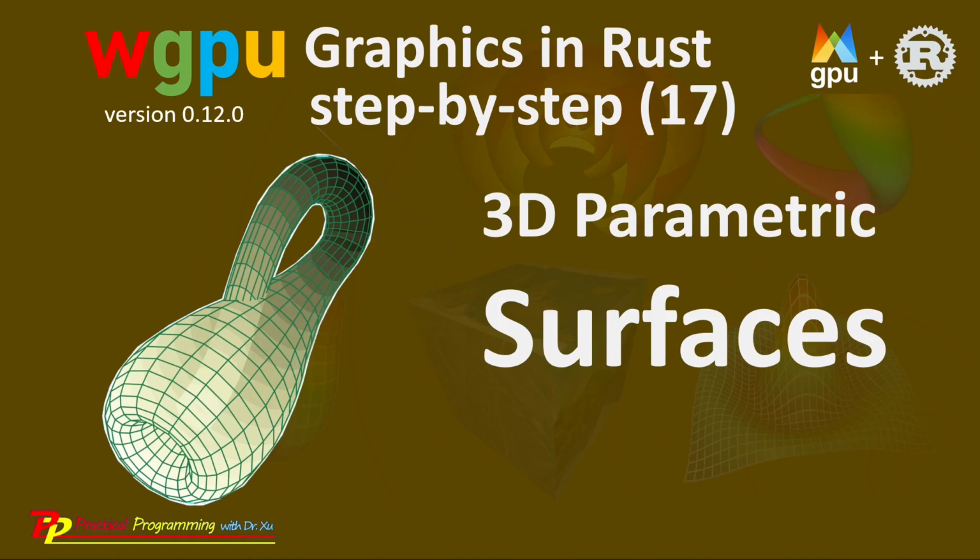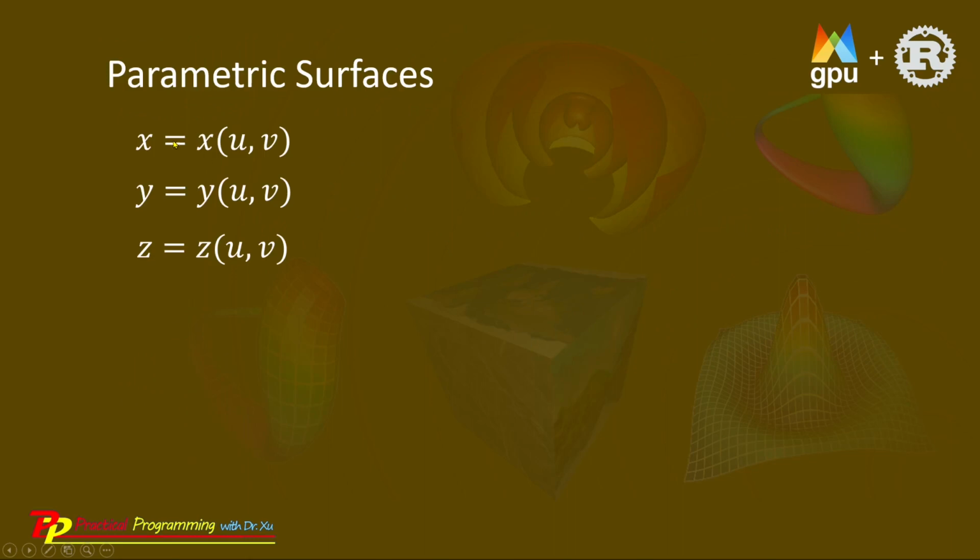One way to represent such a surface is to use a set of parametric equations that define the x, y, and z coordinates of a point on the surface in terms of the parametric variables u and v. As shown here, this parametric surface can be described by these equations: x equals x(u,v), y equals y(u,v), and z equals z(u,v).